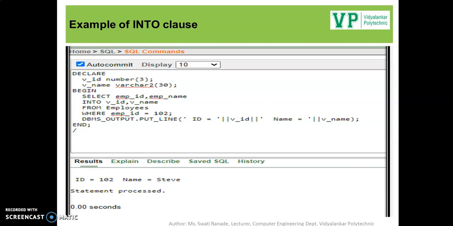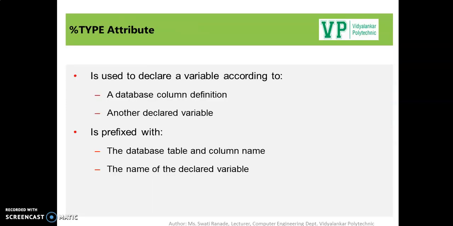It is not possible to remember the data types of all columns of the table. So we have the %TYPE attribute. Let's discuss that. The %TYPE attribute is used to declare a variable according to a database column definition and another declared variable.